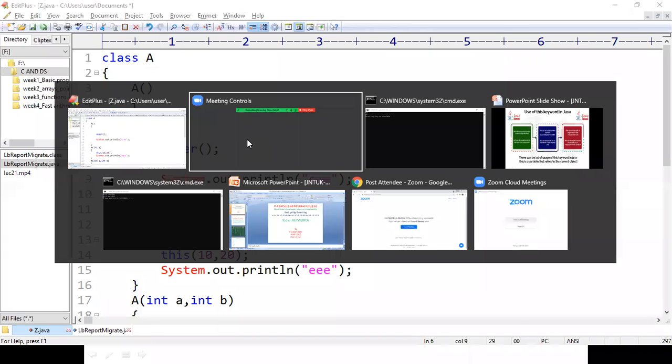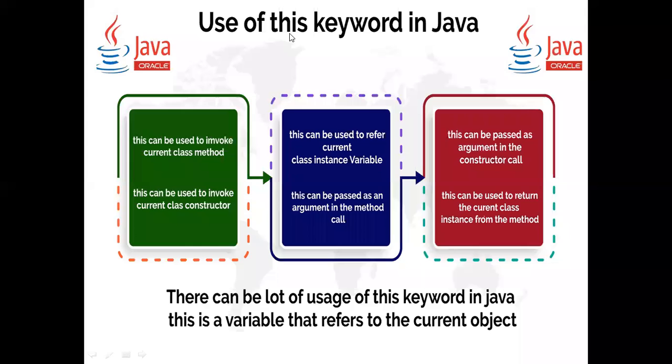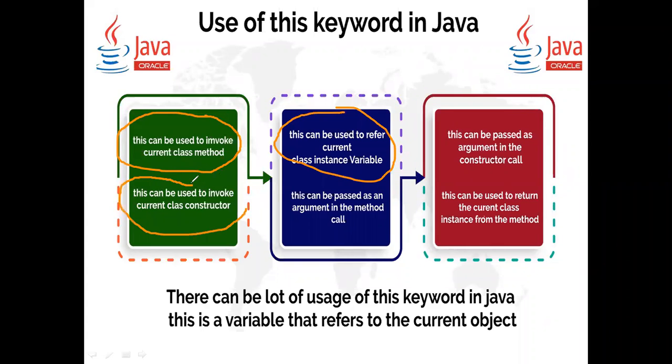So, next one. Till now, we have completed how to refer to the instance variables, how to call another method inside the same class, and how to call another constructor from inside the same class. Now let us see the remaining points. This can be passed as an argument in a method call.